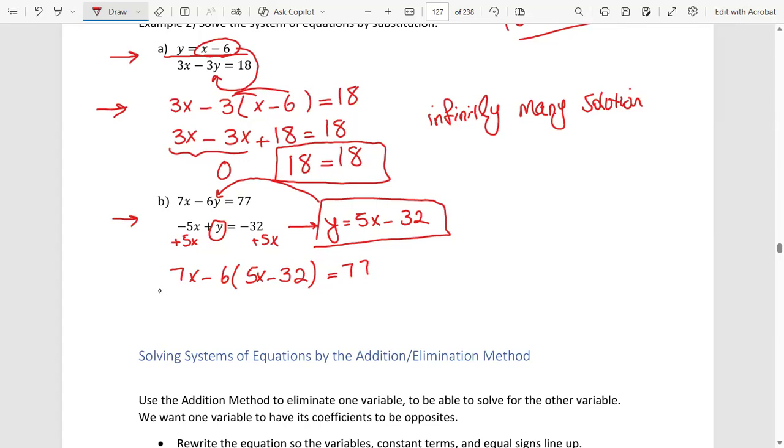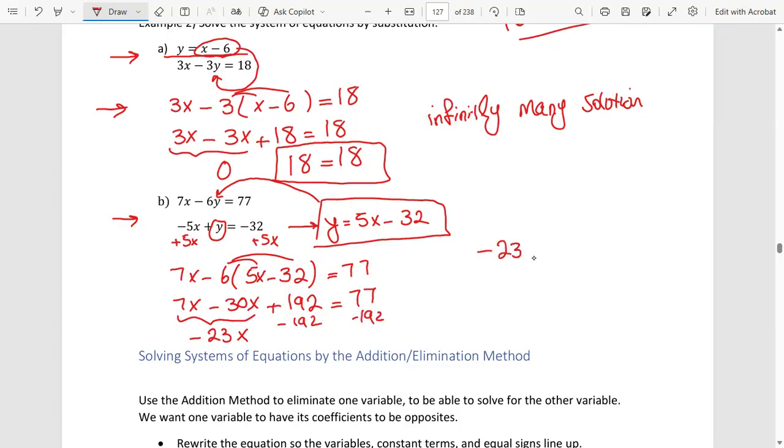Again, I have a linear equation with only x, so I'm going to distribute to drop the parentheses. 6 times 5 is 30x, and negative 6 times negative 32 is positive 192. Combine like terms: 7x minus 30x is negative 23x. I need to move 192 to the other side because I want to have x by itself.